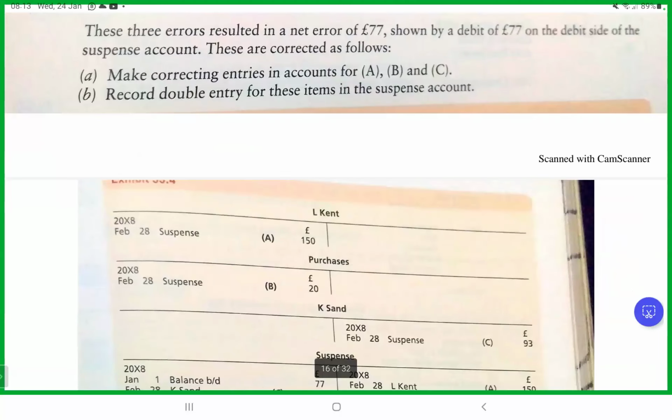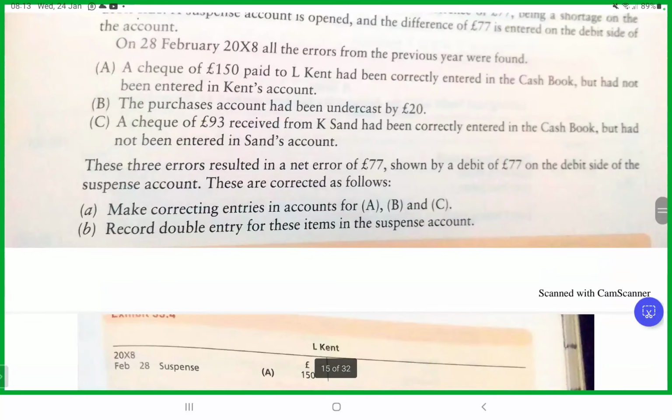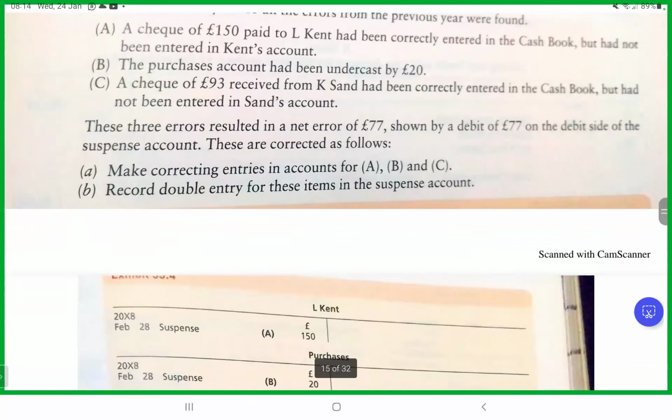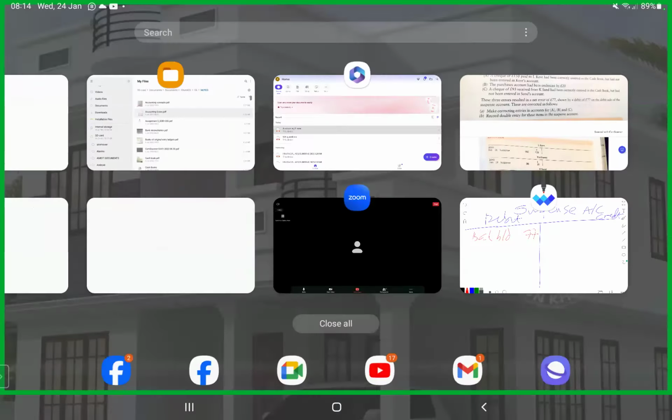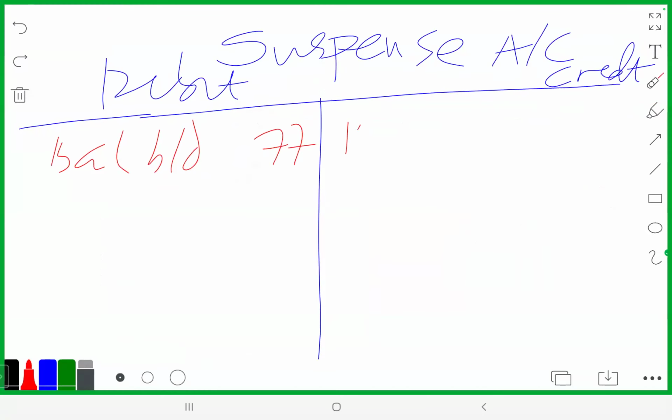You are told that there was a check of 150 paid to Kent that had not been entered in Kent's account. In short, Kent's account received it, so the suspense account was credited. So you credit the suspense account with Kent, and the amount is 150.